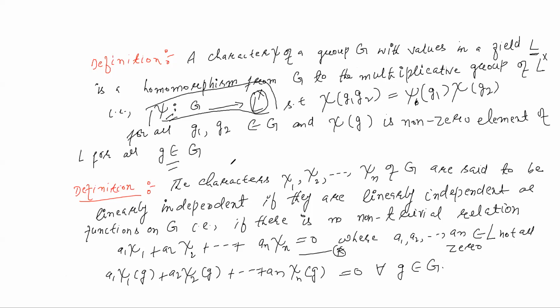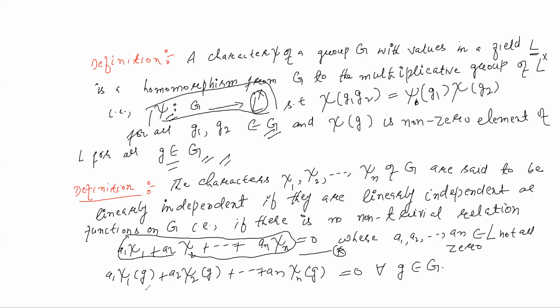Or you can say that it has the properties that chi of g1 g2 is chi g1 chi g2 for all g1, g2 in G, and chi of g is a non-zero element of L for all g in G. This is the definition of a character, and these characters are said to be linearly independent if there is no non-trivial relation of this form that is satisfied. It means the only relation that is satisfied is the trivial relation.